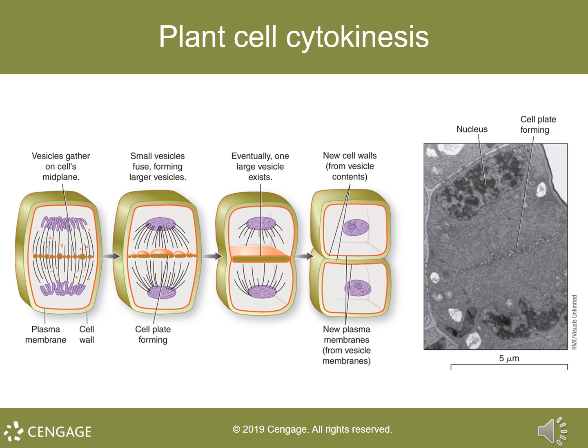And so here we don't really see that same cleavage furrow form. We see those vesicles line up and start to separate the two daughter cells, and then those vesicles become a wall. And think about that in terms of when you were looking at the onion cell and thinking about how lined up all of those cells were. Now that you know how they divide, reconsider why they were lined up like that when you were looking at them in the onion cell.